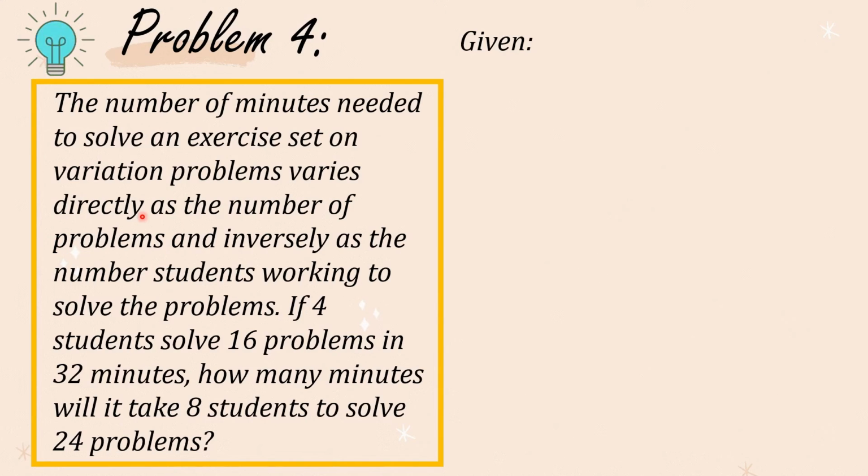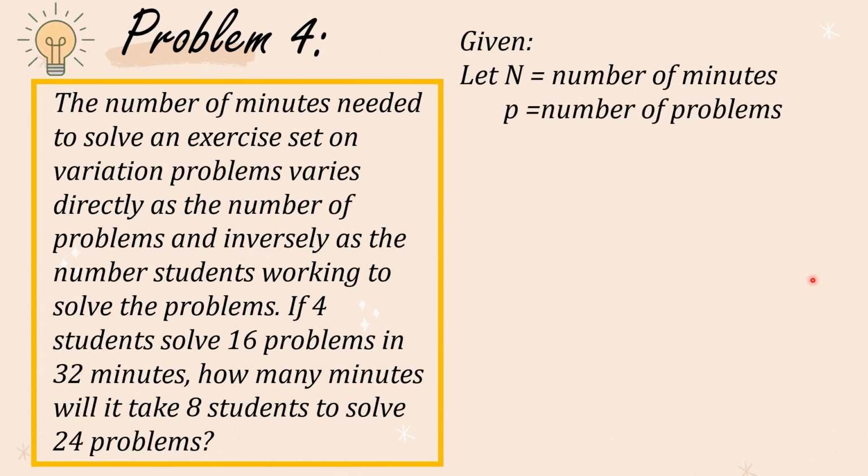And yung pangatlo is the number of students working to solve the problems. So, bigyan na natin ng mga kanya-kanyang variable. Si N is for the number of minutes, si P is for the number of problems, and S for the number of students working to solve the problems. So, hanapin na natin ang ating first triad.